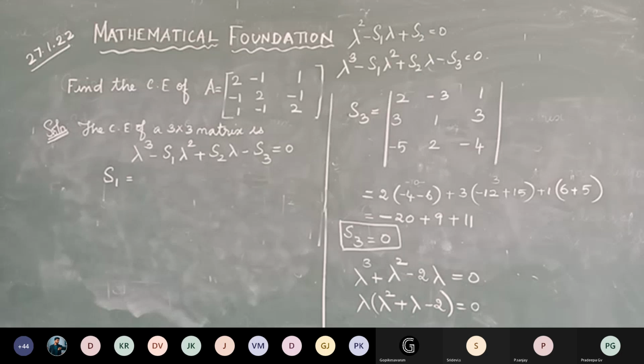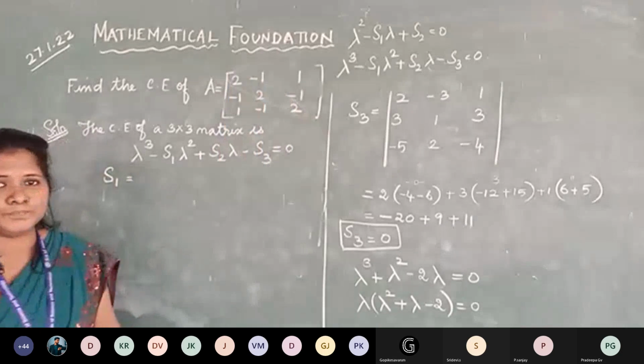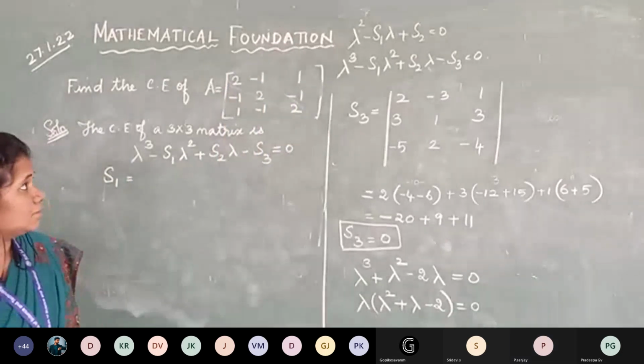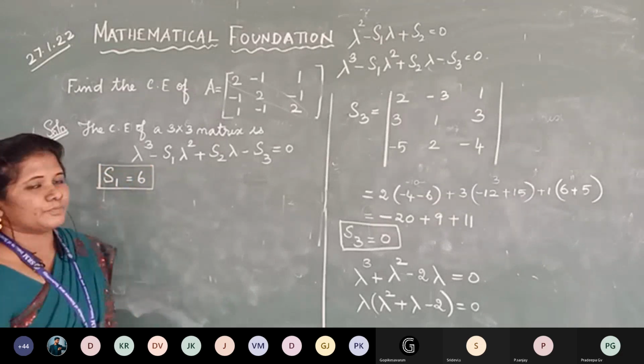What is your S1? Your S1 is nothing but the sum of the main diagonal elements. What is your sum? 6. Your S1 is 2 plus 2 plus 2, which is 6.